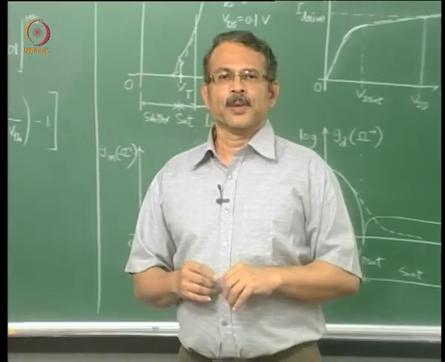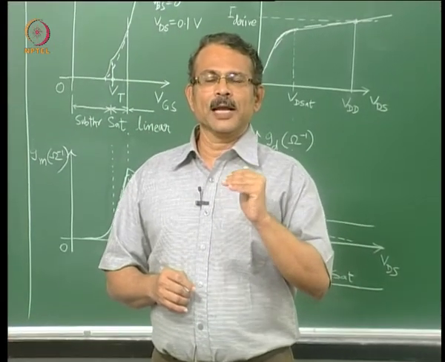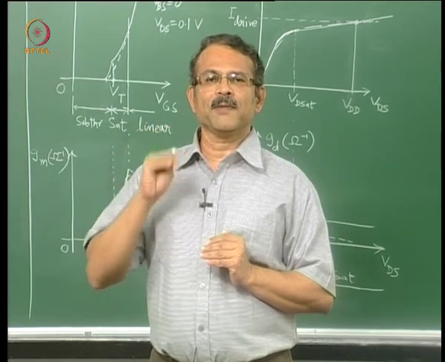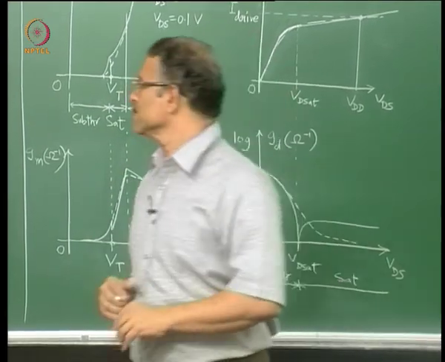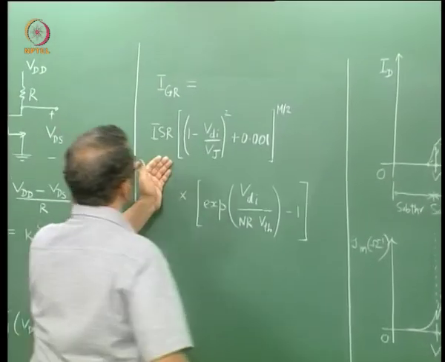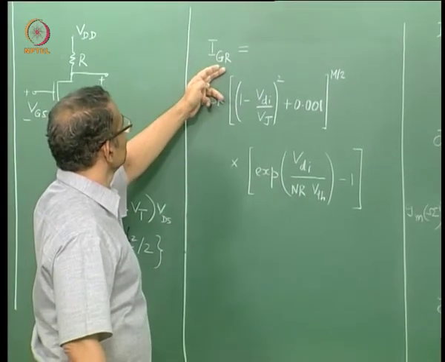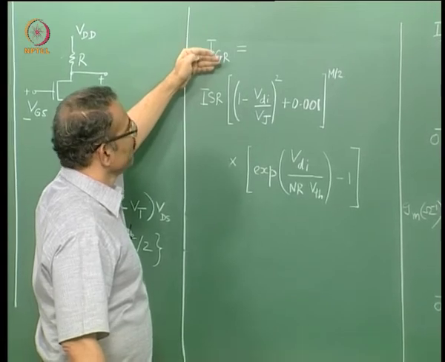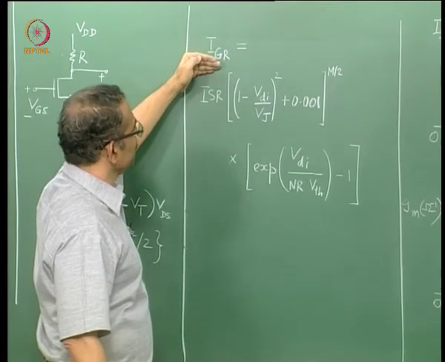Now, you may find in a compact model some additional empirical factors to improve convergence properties. Here is an example of the generation recombination model employed in modeling of a diode in SPICE.